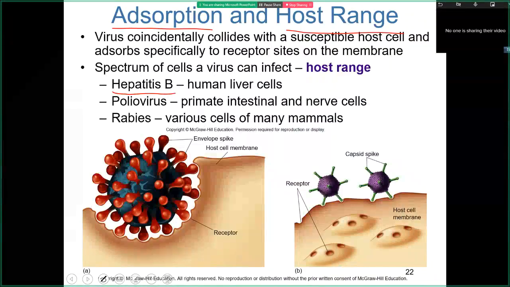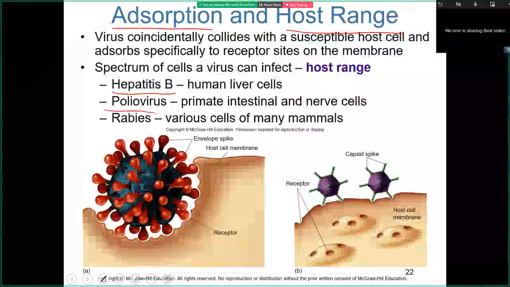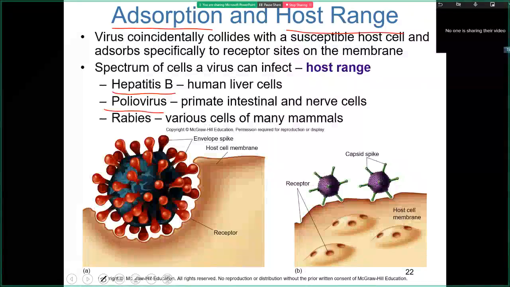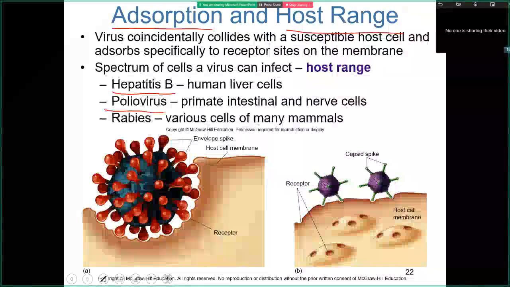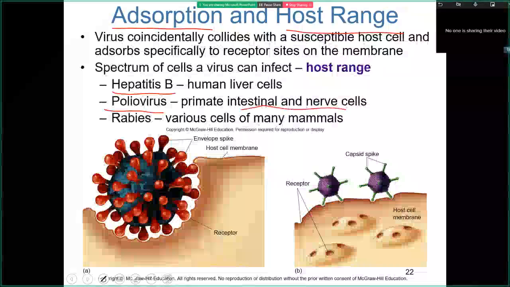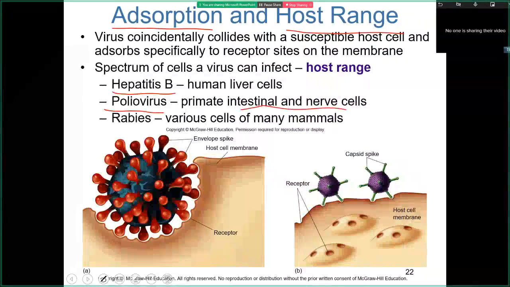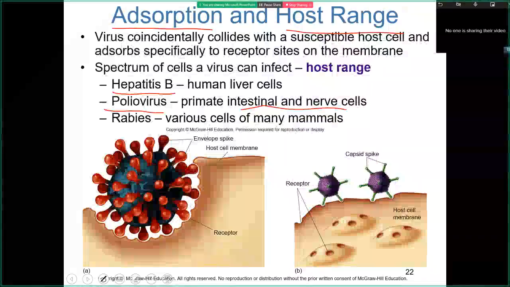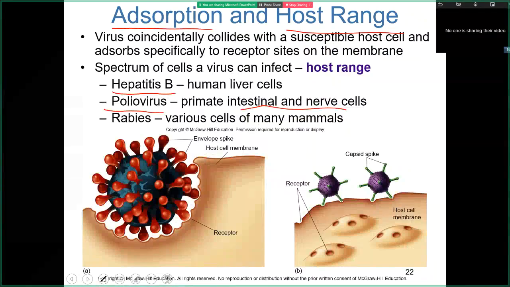Then you have some things that have a little broader range, like the polioviruses. The polioviruses can infect both intestinal and nerve cells, so they find receptors on those types of cells that their spikes will bind to. And basically all primates are susceptible to those polioviral particles.